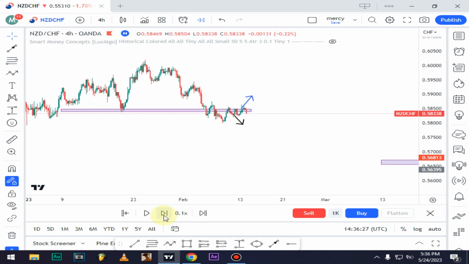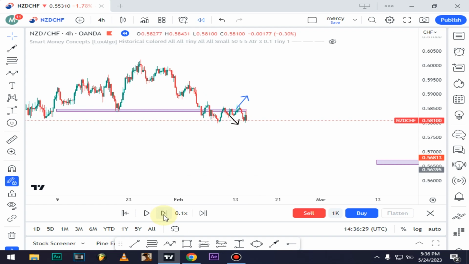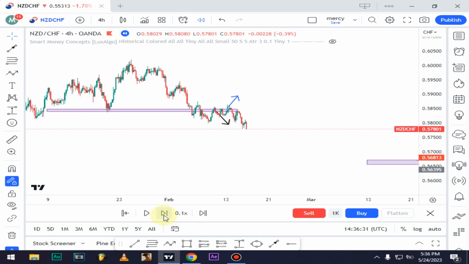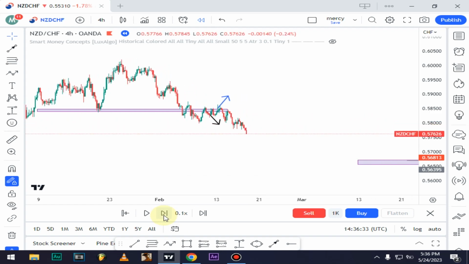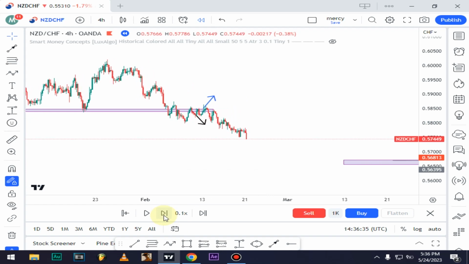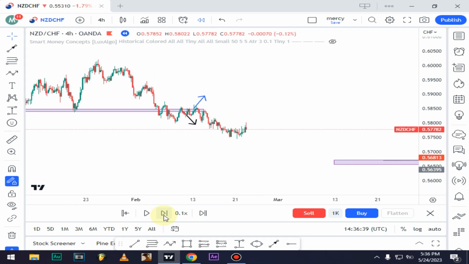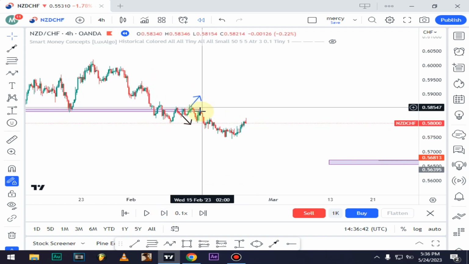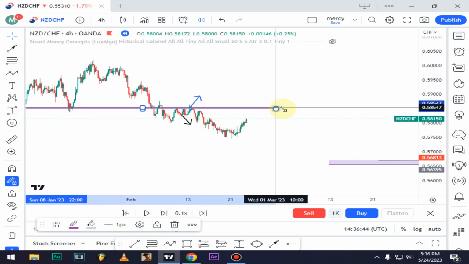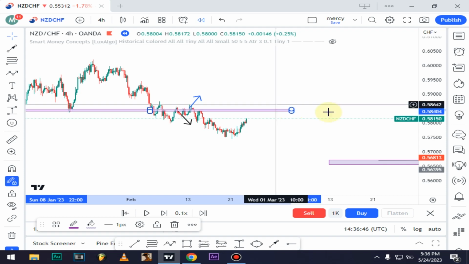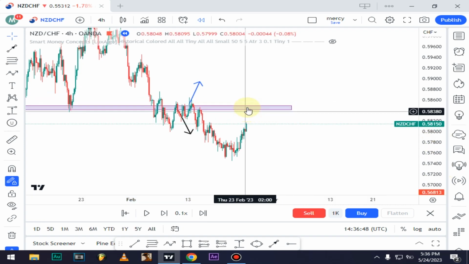So now I can say price is still playing out in that zone. Nothing much, I'm not taking that entry. Now that's great. So I'll just wait for a pullback before going in for my sells, because now price has broken that zone. So now I just want to see what price will do at this level.